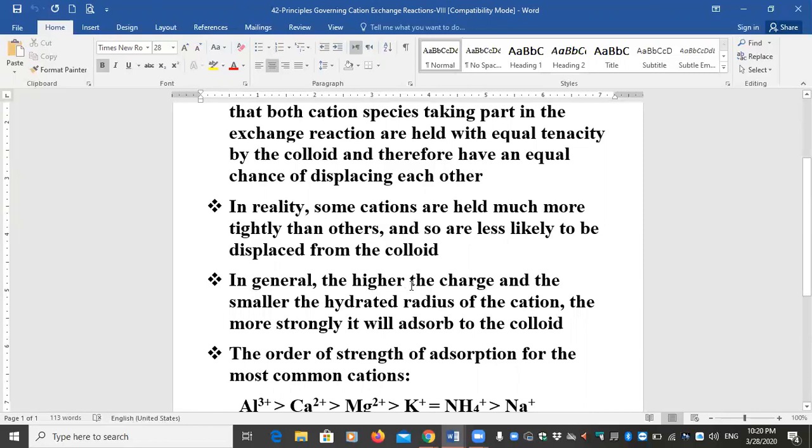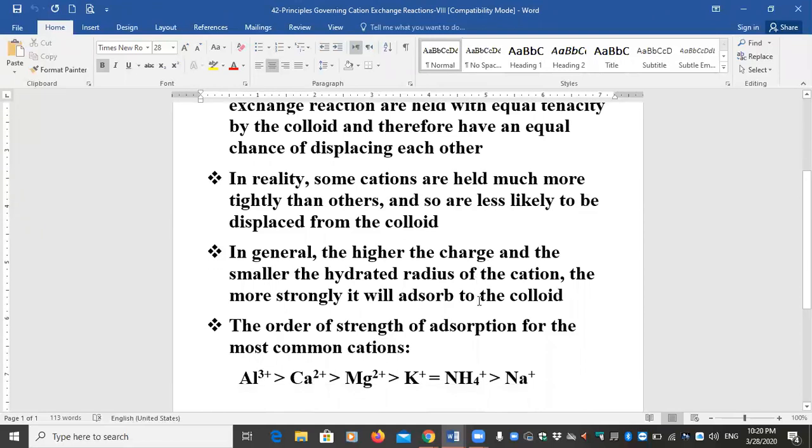You know it from Coulomb's law that the higher the amount of charge, the stronger is the attraction. So a divalent has two charges and will be attracted more strongly to the negatively charged surface than a monovalent, which carries one charge. And a trivalent, like aluminum, will be held even stronger than divalent and monovalent.